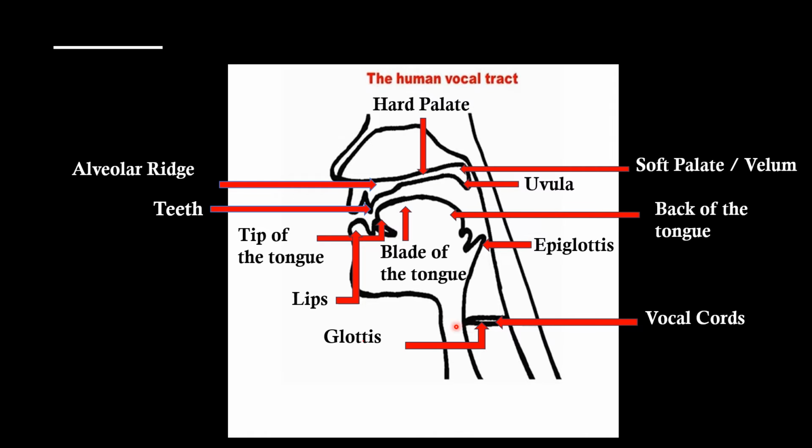It's level with the Adam's apple, that you can barely see here, and is capable of movement horizontally. Here also, in the middle of the vocal cords, we have a space which is called the glottis.